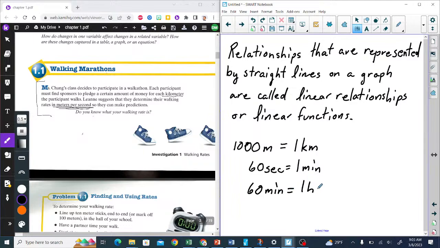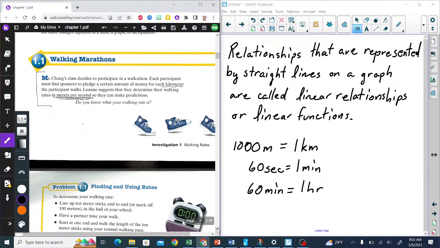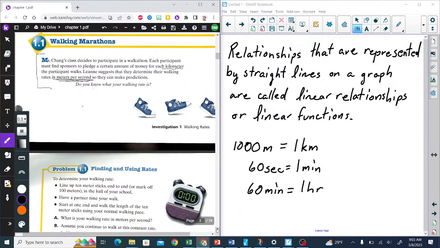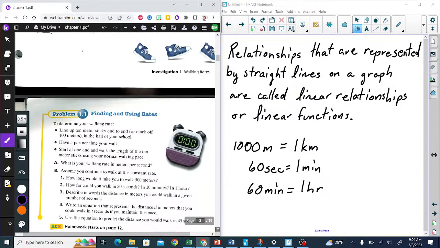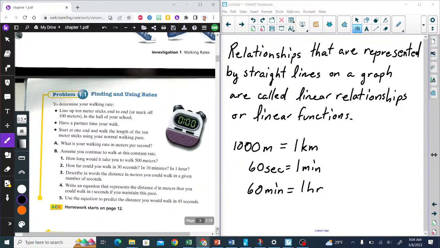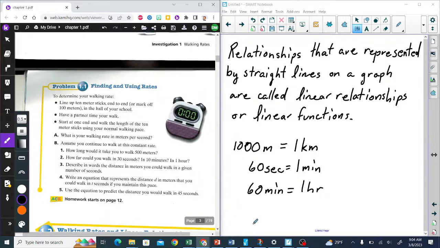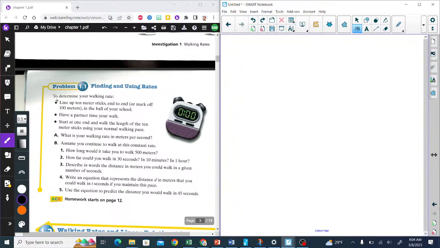These are things that we probably will use to convert things. Now, they have this activity that we're not going to actually do. We're just going to pretend we have a walking rate, and we're going to use our pretend number for that walking rate.